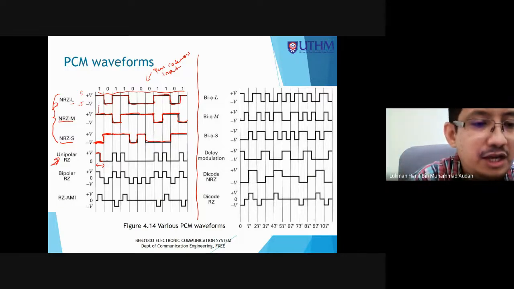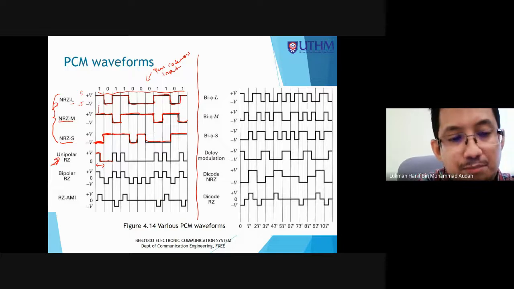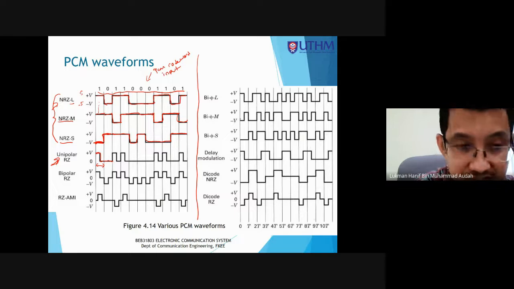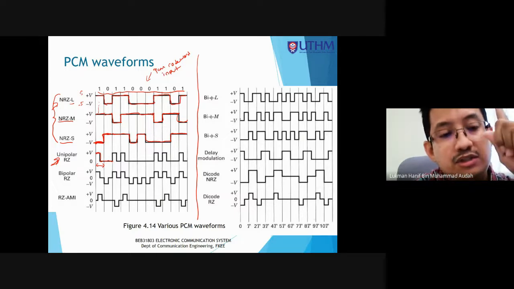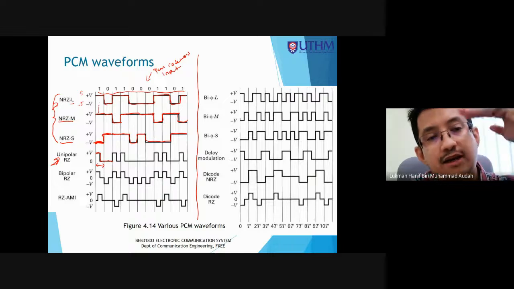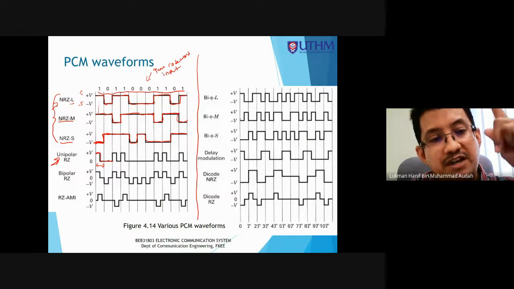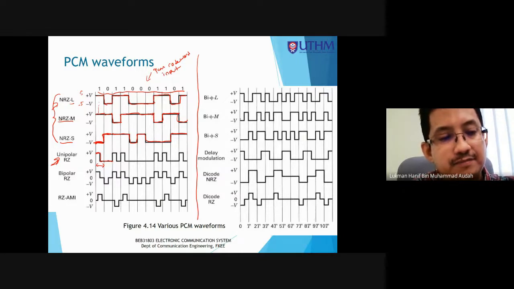And then input logic 0 stay at 0 volt. Okay. Input logic 1 akan naik kepada positive voltage and then return. But for input logic 0 stay at 0 volt.